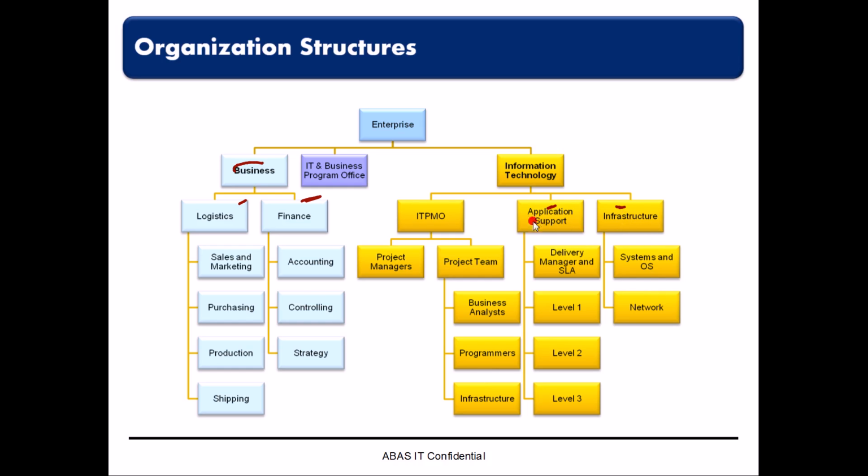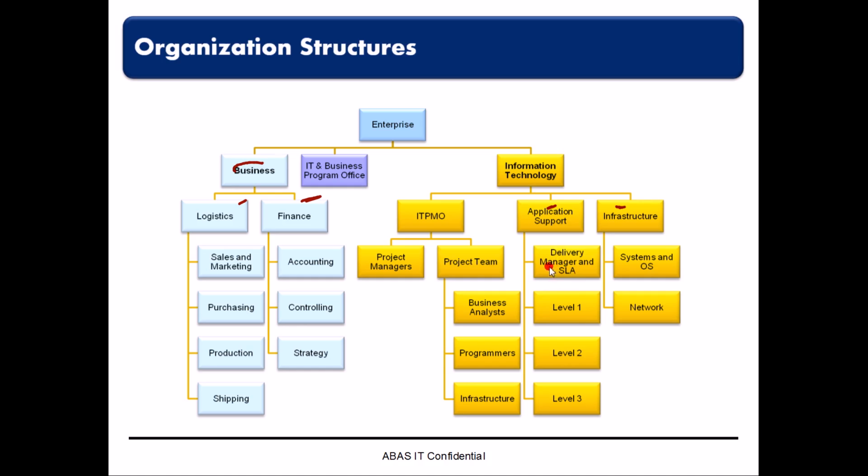From the application support perspective, when we do a project, we develop software and then migrate it to production. People start using that software, and we have a team to support that application to make sure that it does not fail, or if users have any problem, they can go and get support. Within that application support structure, you have the delivery manager who makes sure that the application is functioning as it should.